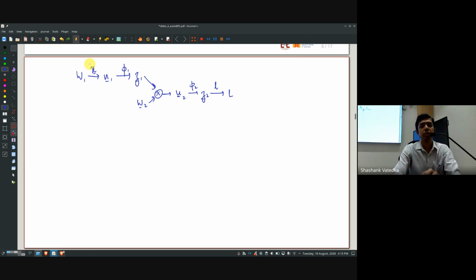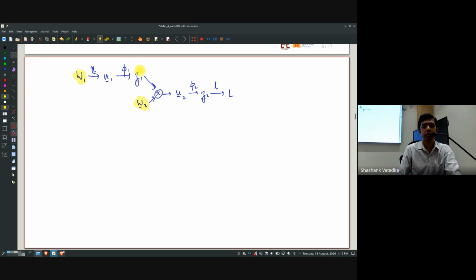I've drawn this in a specific manner for a reason. Here you can view this as a directed graph. It's acyclic, and the arrows move from the independent variables via the dependent variables finally to give the function that we want to evaluate. In this case, there are two sets of independent variables, W1 and W2.